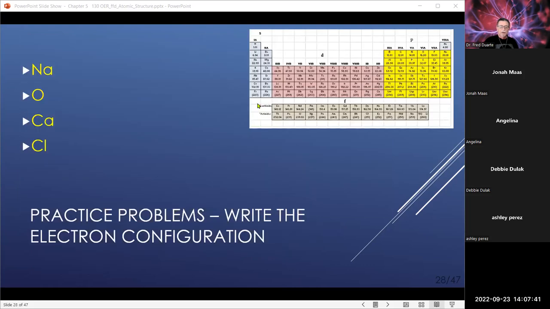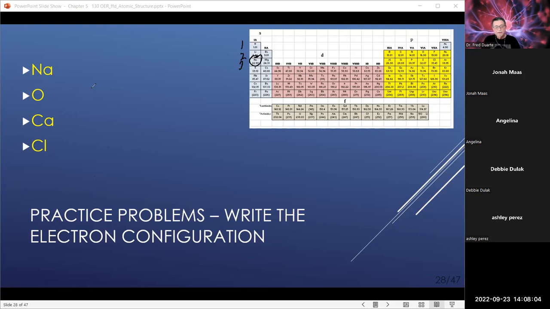Okay, so to do the electron configuration, we can very quickly figure it out. Let's do sodium. Sodium is right here, and 1, 2, and 3. It is in the third energy level.